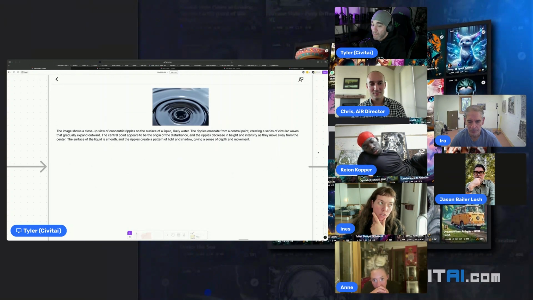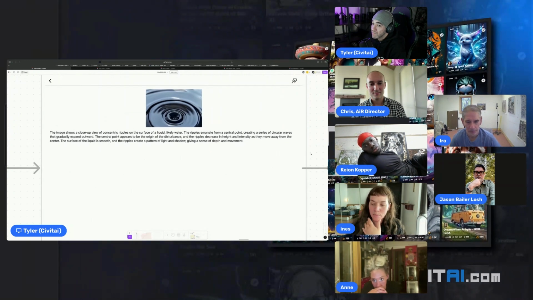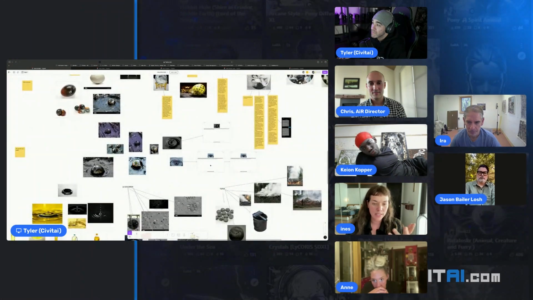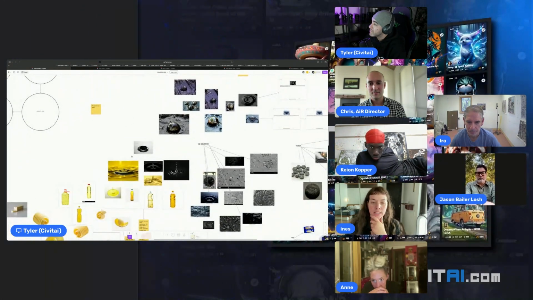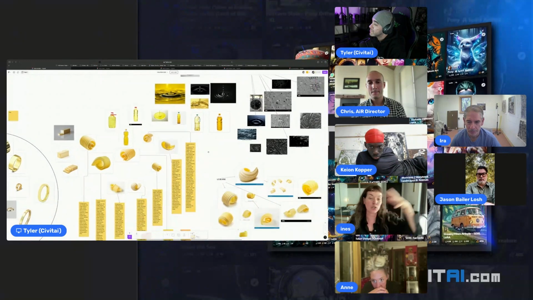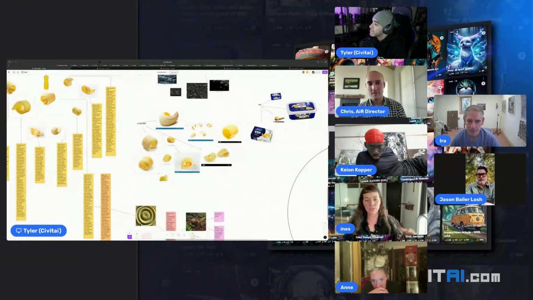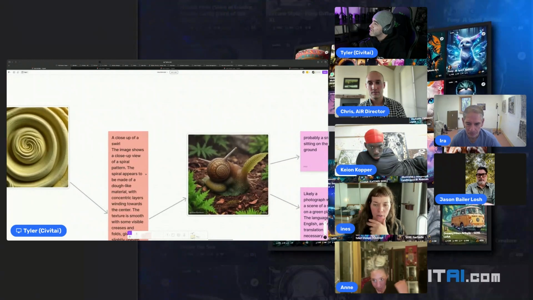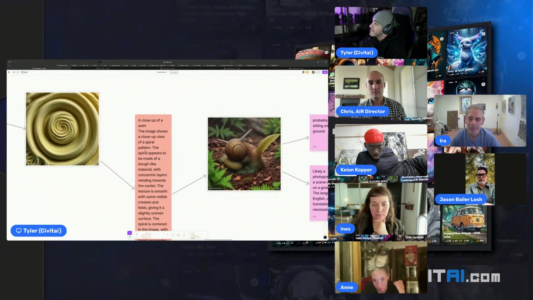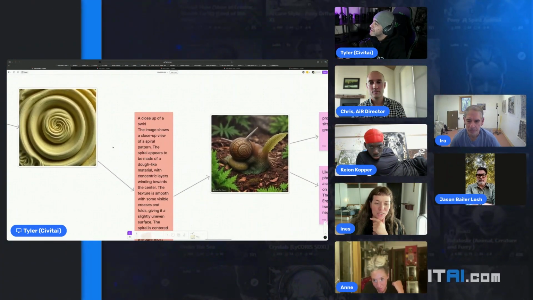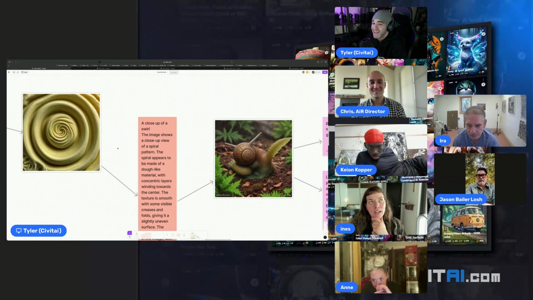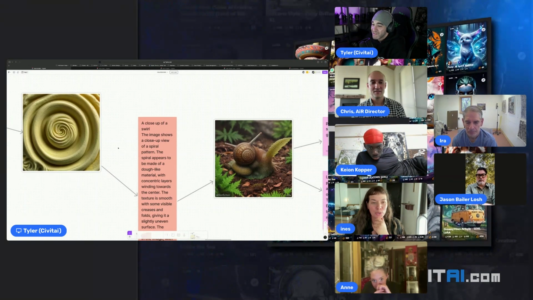For example, I start with a curl of butter, and the curl of butter ends up becoming a snail on a leaf, and the leaf then goes back into being butter. So it's this very weird analogy. That's one of the side branches. I don't know if anything I said makes sense, but it's logical to me.